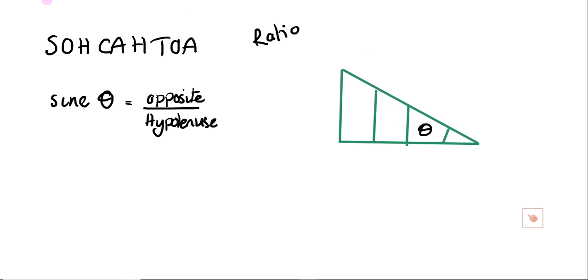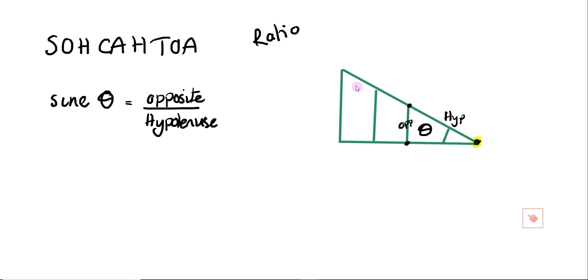Now, all I know is that if I take the ratio, if I look at the hypotenuse and the opposite side of these three points of the triangle, the ratio of those two sides will always be the same amount.